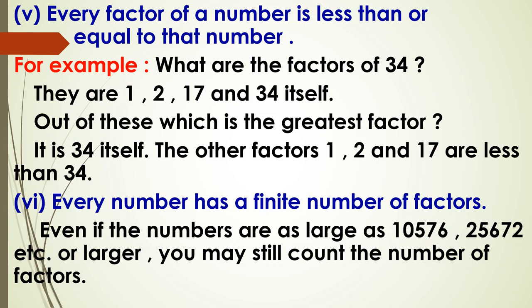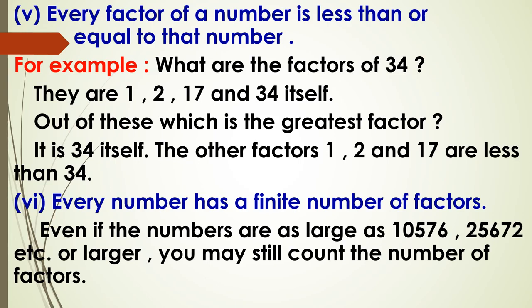Whatever the number we have, whether it is a greater number of 5 digits, 6 digits, 7 digits, we can find out the factors of every number. And the factors are finite in number. It is difficult to find the factors of a greater number, but we can find them.